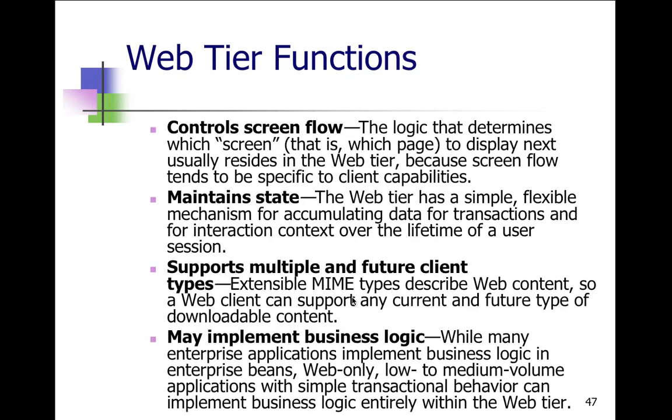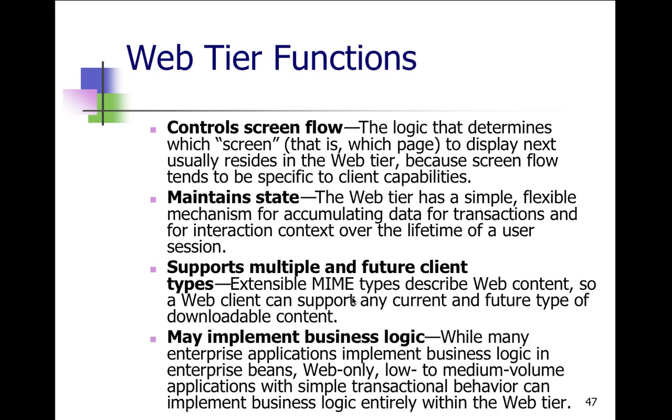More functions of the web tier. It controls screen flow. The logic that determines which screen, which is going to be the user interface, that is, which page is displayed next, usually resides on the web tier, because the screen flow tends to be specific to client capabilities.